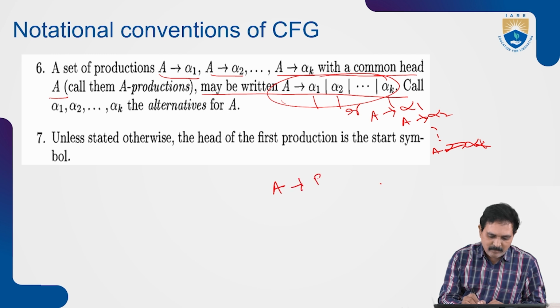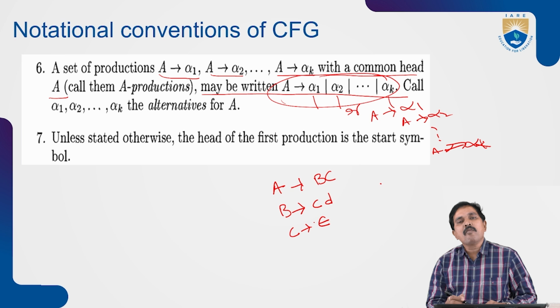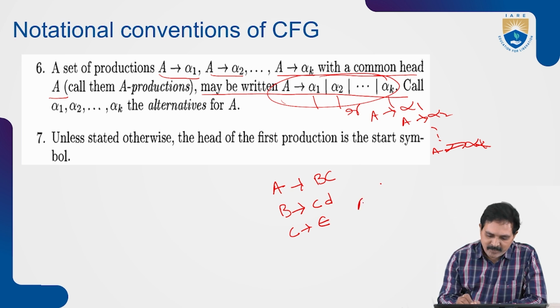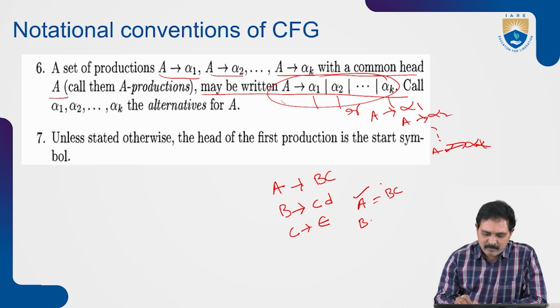A implies BC. B implies C small d. C implies null value. Here, what symbols have derivations? A has the derivation BC. B has the derivation, which is the string capital C and small d.